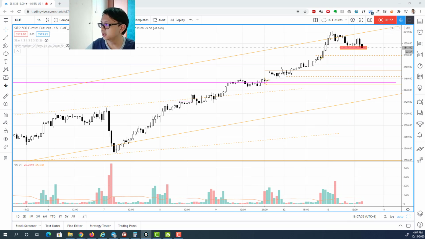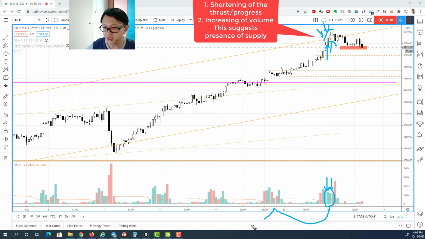You can see that especially with these 3 up candles, this is a kind of topping pattern, in conjunction with the increasing of the supply level, especially on these 2 bars here. We have seen the shortening of the upward thrust in conjunction with the increasing of the volume compared to the previous day.